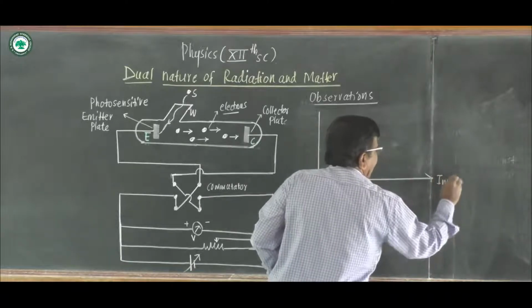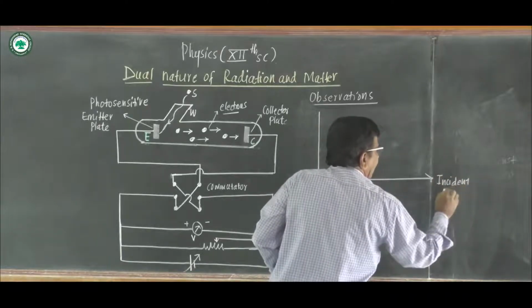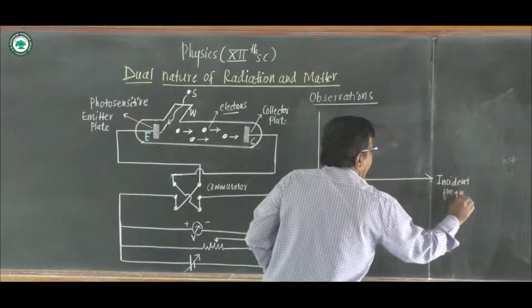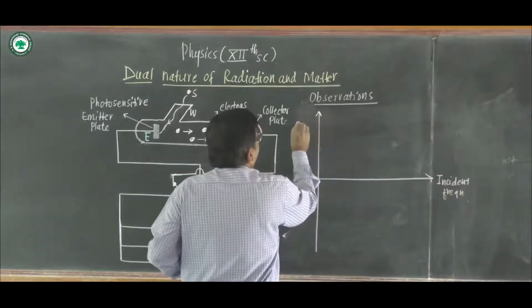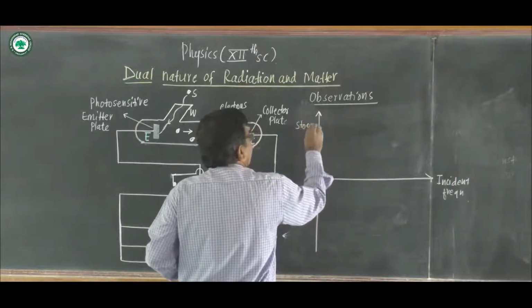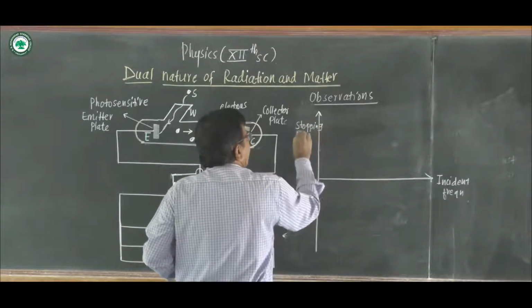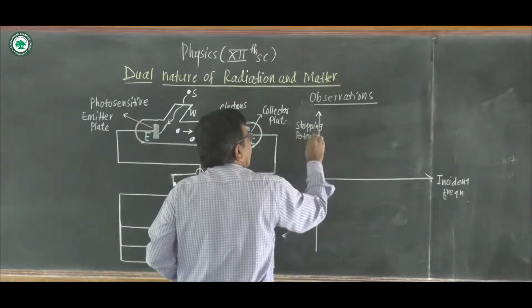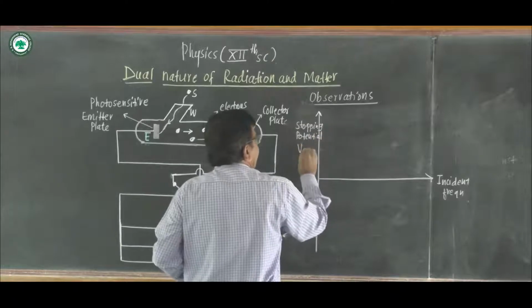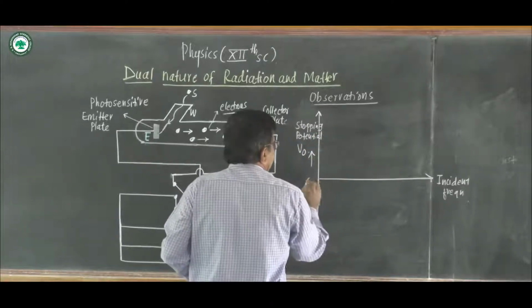Here is the incident frequency, and here the stopping potential, which we call V0, along this axis.